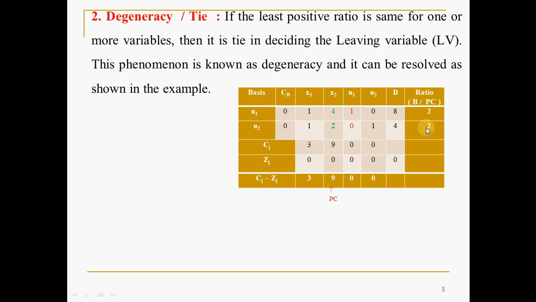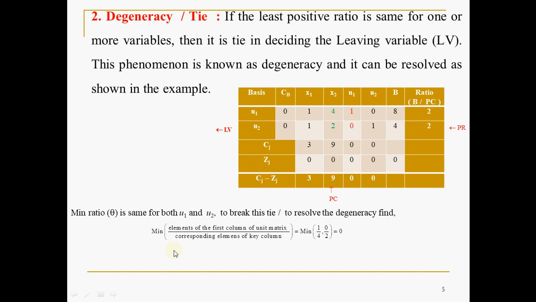In such cases, the minimum ratio is the same for both u1 and u2. To break this tie or resolve the degeneracy, we have to find the minimum of some ratio. What is that ratio? It is the elements of the first column of the unit matrix divided by the corresponding elements of the key column. Key column is nothing but the pivot column.